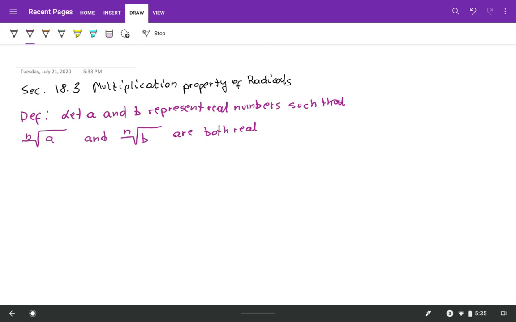So technically, we're not dealing with imaginary numbers.